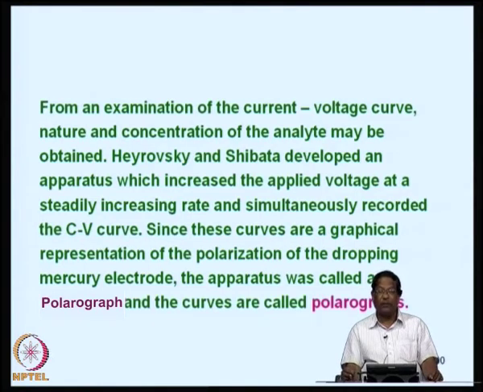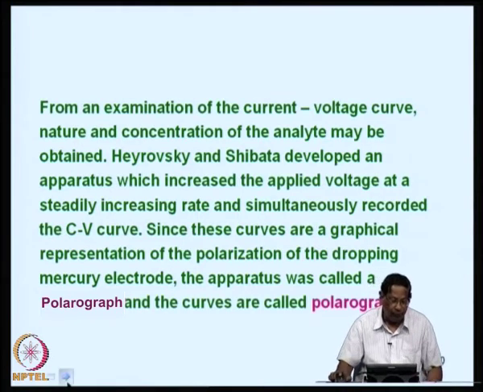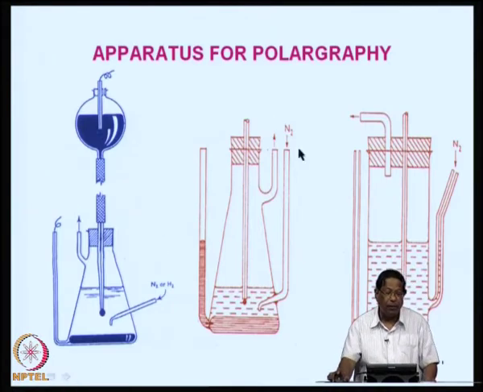Since these curves are a graphical representation of the polarization of the dropping mercury electrode, the apparatus was called a polarograph and the curves are called polarograms. That means current voltage curves are known as polarograms.